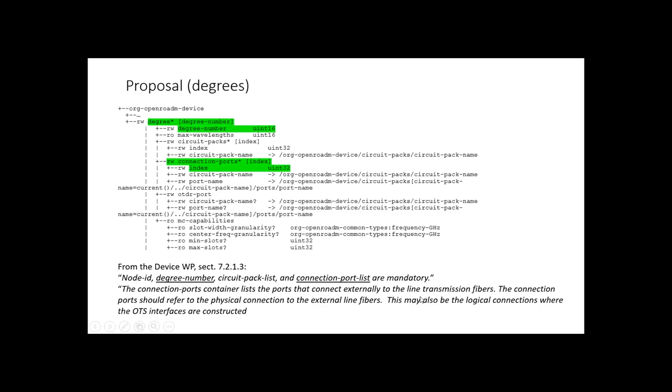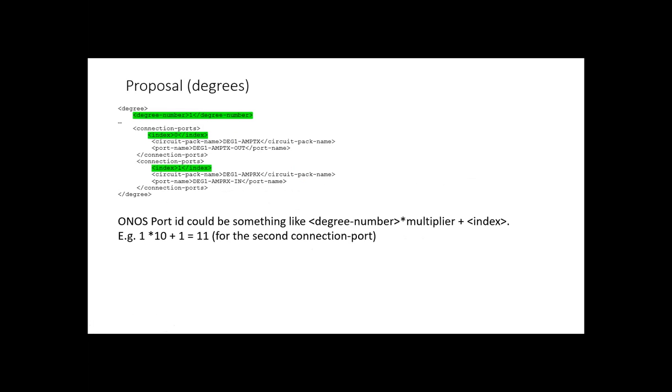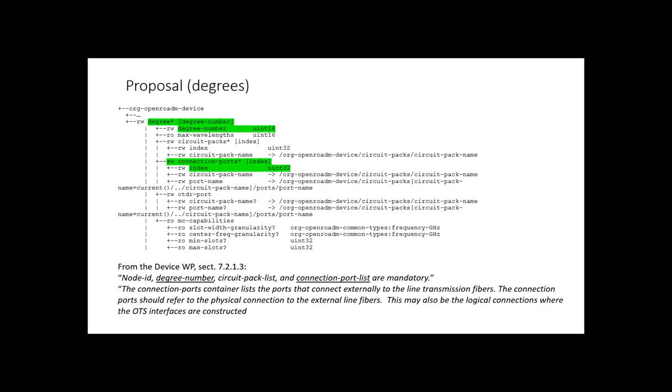So those are exactly the ports that we need to identify in ONOS. Starting from these two leaves, which are both integers, one a 16-bit integer and the other a 32-bit integer, we can, for example, multiply the degree number by 10 and add the index of the connection port, and we can obtain the unique identifier we need.